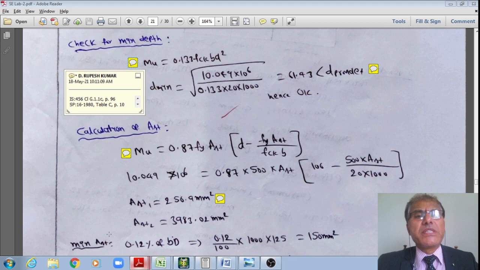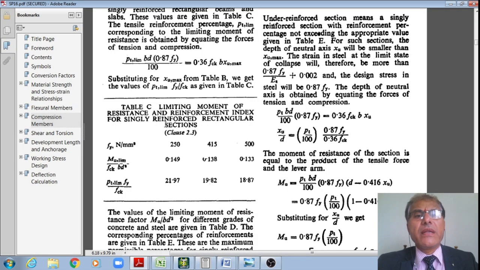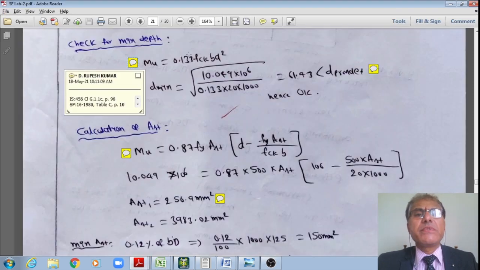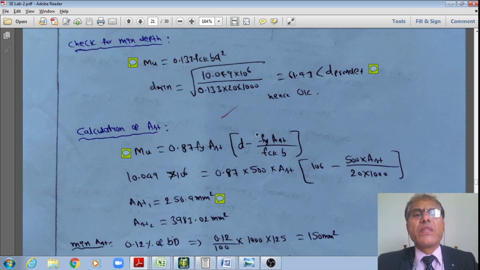This is our Table C, page number 10. For fy equal to 500, Mu lim divided by fck b d square is equal to 0.133. Similarly, pt lim times fy divided by fck is equal to 18.87. You can make a note of these values. Once I note that, I am saying that Mu is equal to 0.133 fck b d square.